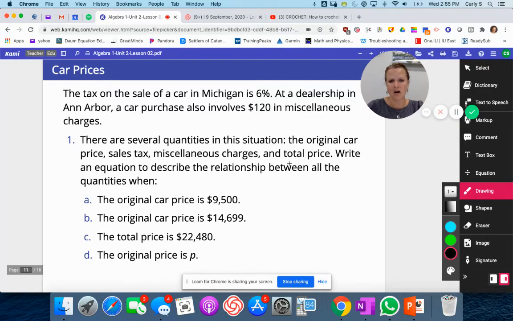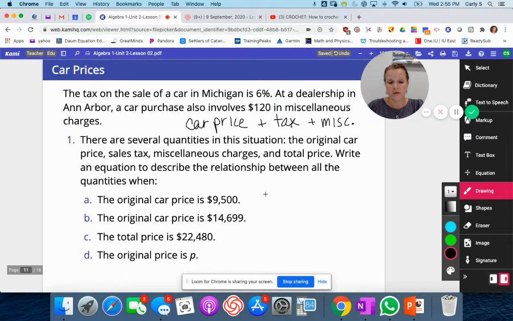So when you buy a car, you pay for the car. You pay for the sales tax on the car. And sometimes those miscellaneous fees. Okay.